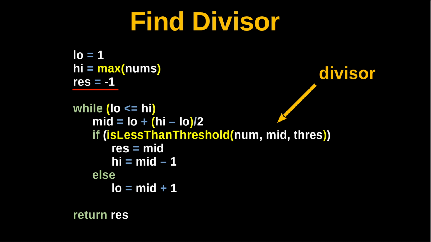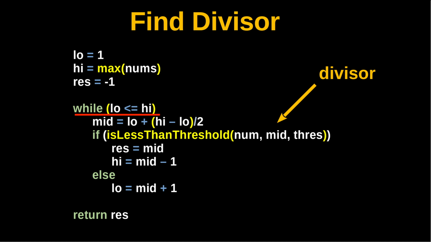We also have a results value, which we assign as -1. If we are not able to find a divisor that satisfies the criteria, that's the value that we want to return. This is the very standard binary search template that I use all the time.